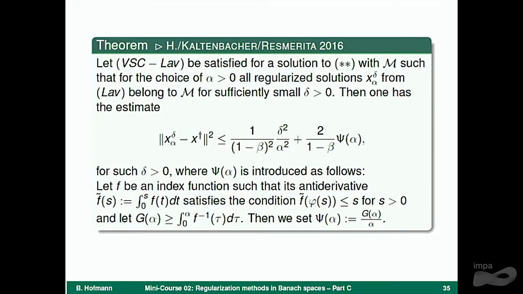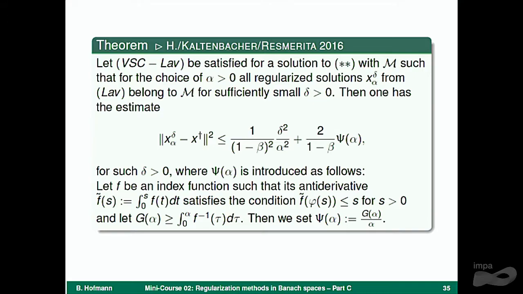And now the most terrible theorem, which I have in my slides at all. The result is not nice, but it's helpful a little bit. You can find the error by such a characterization. You see here delta squared by alpha squared. This is typical for the Lavrentiev situation. And here the remaining term is rather strange.